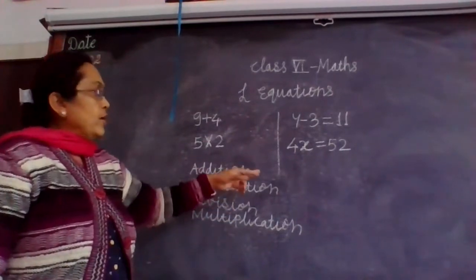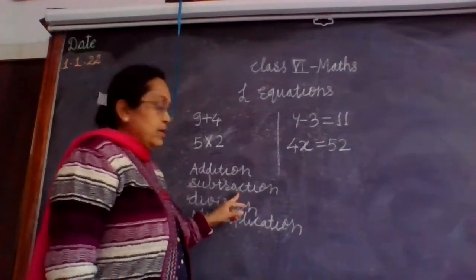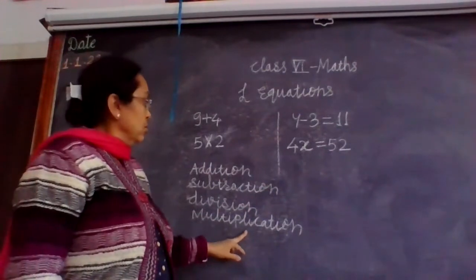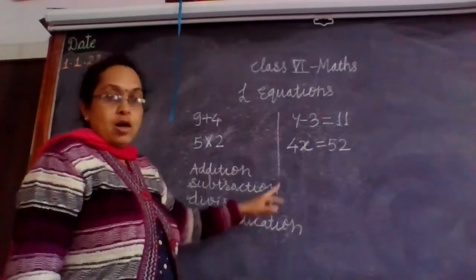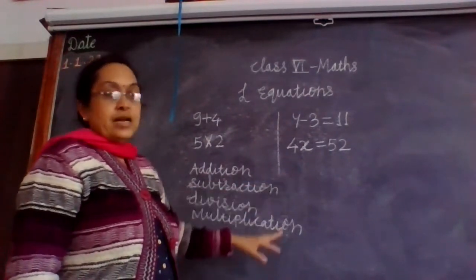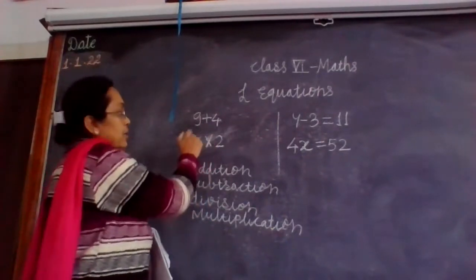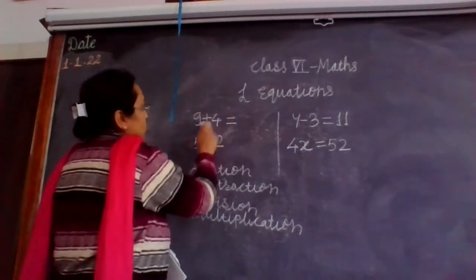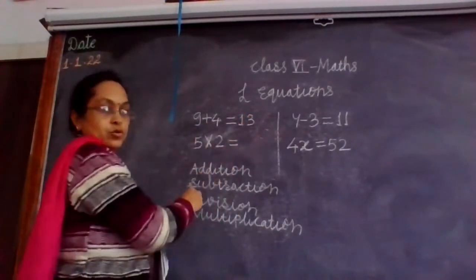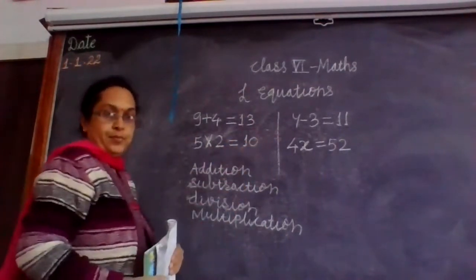Now when we are studying equations, these operations we will have to use. Now how to solve the equation and what is meant by solving the equation, let us see. In this mathematical expression, we were doing addition. Here 9 plus 4 is 13. 5 into 2 means 5 multiplied by 2, that is giving 10.